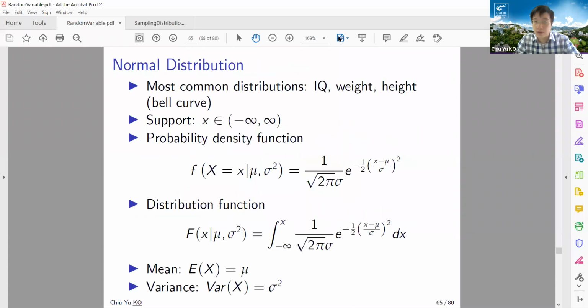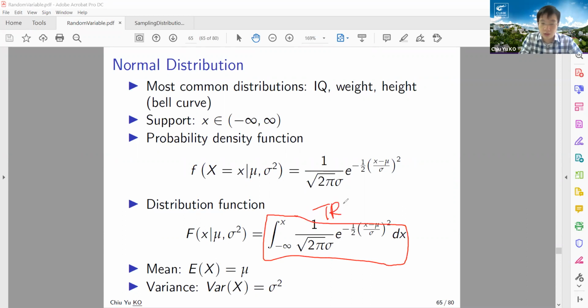So in the Excel function, when you have true, it is here. When you have false, you have here. There's only a difference for the true and false.